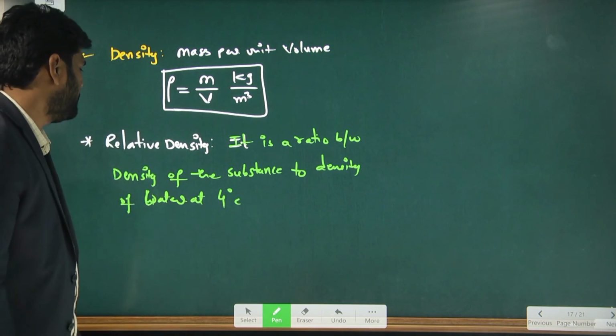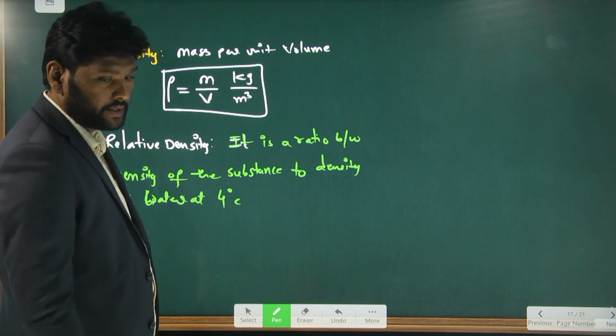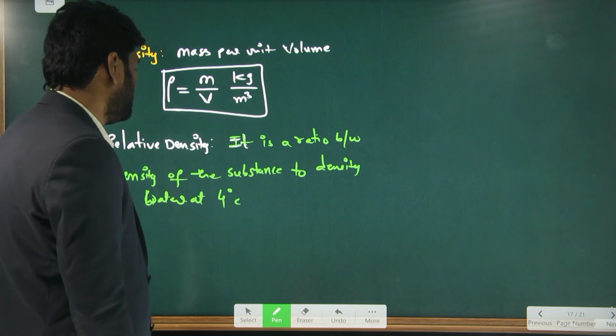It is a ratio between density of the substance to density of water at 4 degrees Celsius. It is known as relative density.